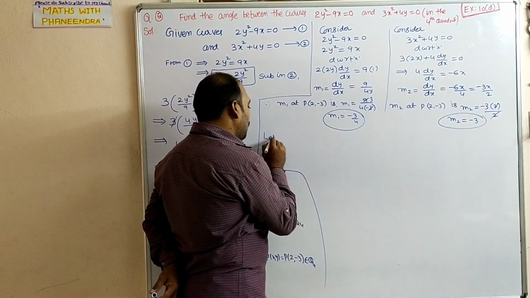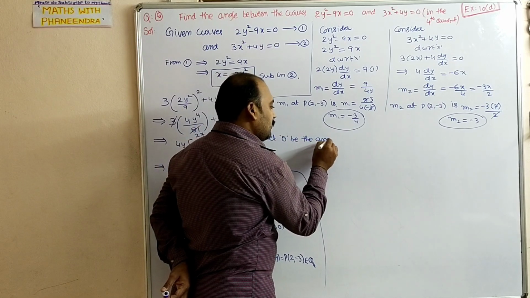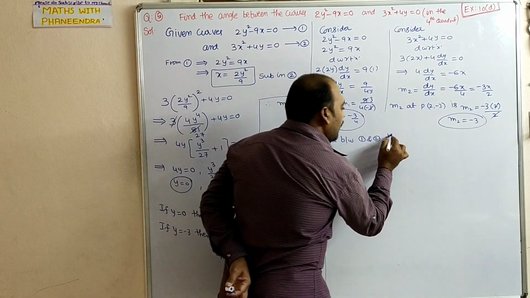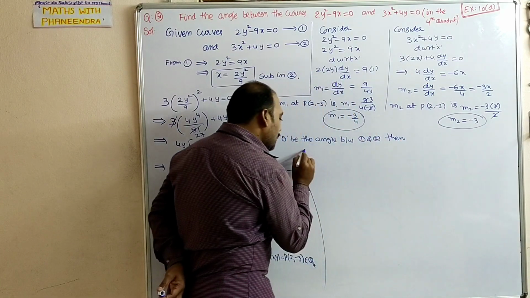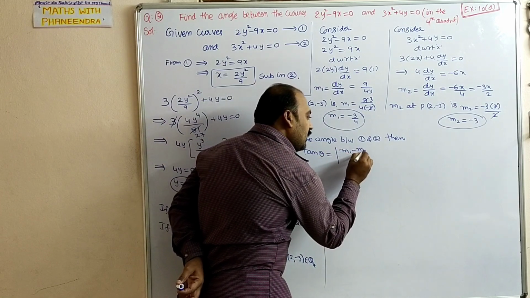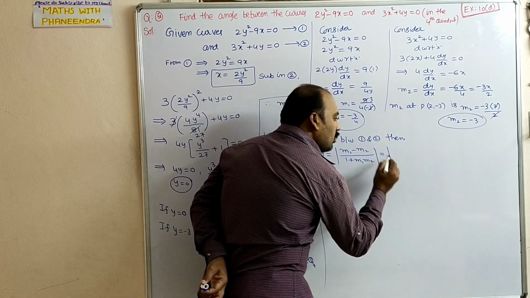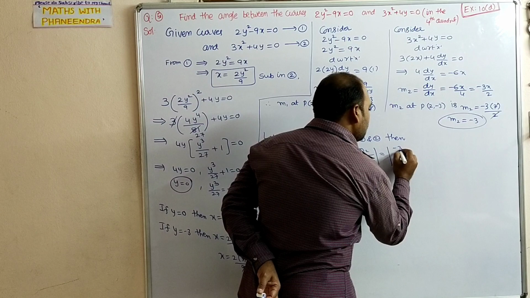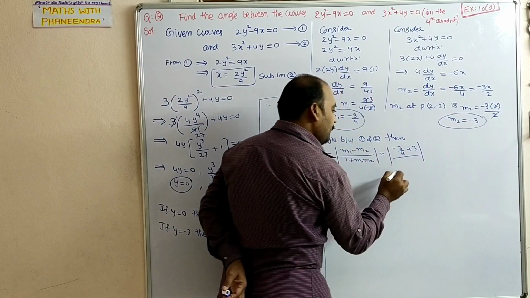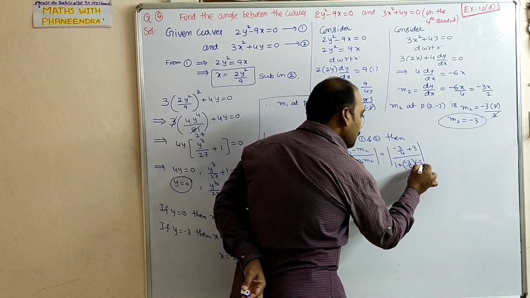Let theta be the angle between the 1 and 2 curves. Then tan theta equal to mod of m1 minus m2 by 1 plus m1 m2, which is equal to mod of minus 3 by 4 minus m2, that means minus of minus 3, divided by 1 plus m1 m2, minus 3 by 4 into minus 3.